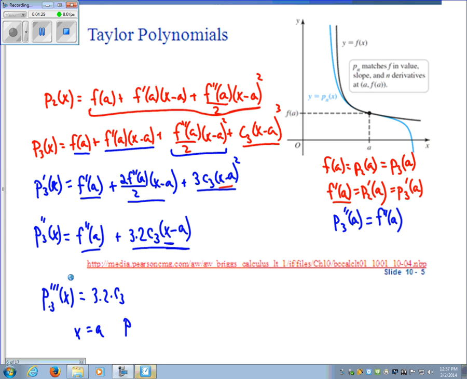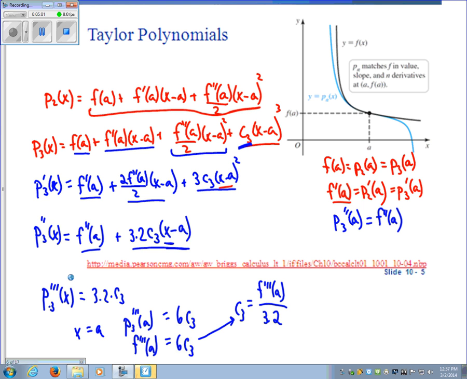I'm going to have that p3 triple prime of a is equal to 6c3, and I want that to be equal to the function f's third derivative, which means that the c3 we should use when we define this third order polynomial is f triple prime of a over 3 times 2.